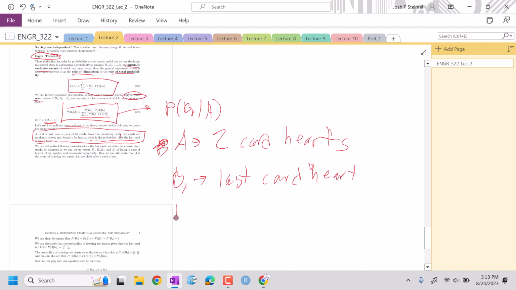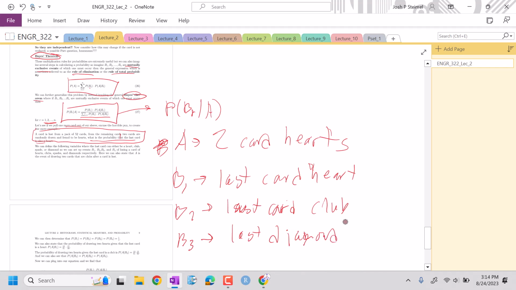That's one possibility. We can say our last card is a club. We can say B3, that our last card that is drawn is a diamond.